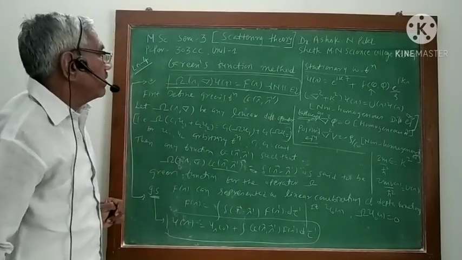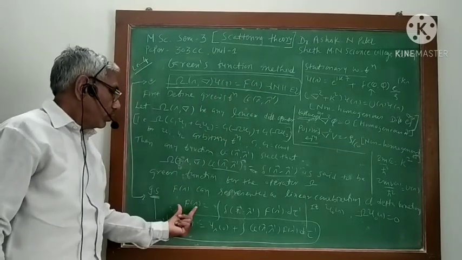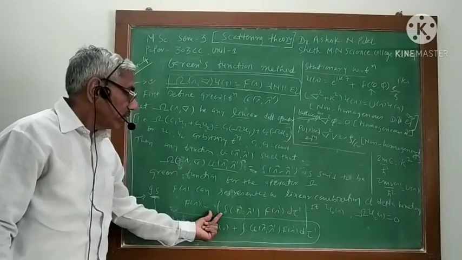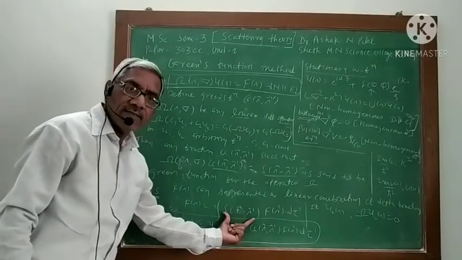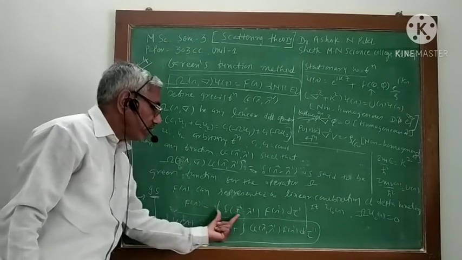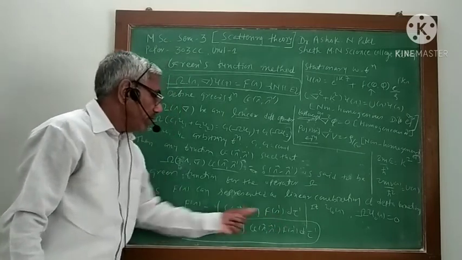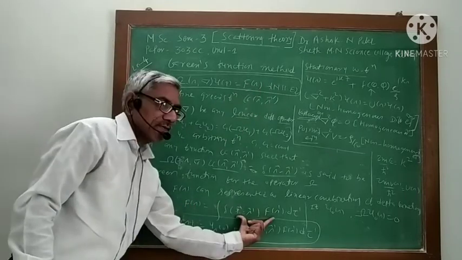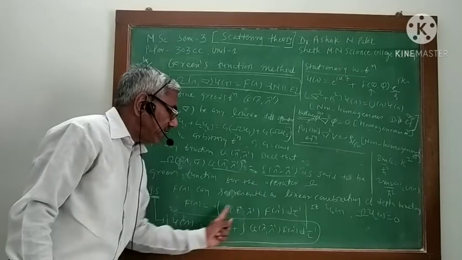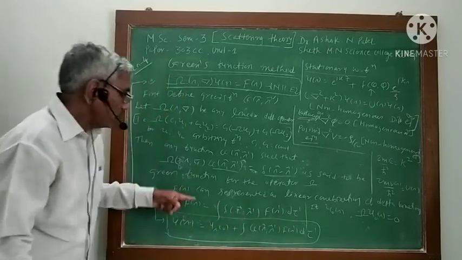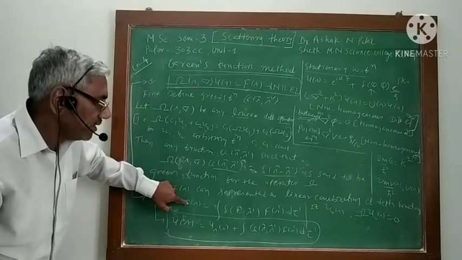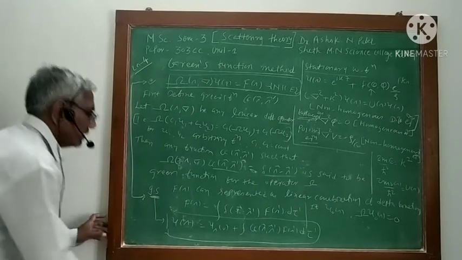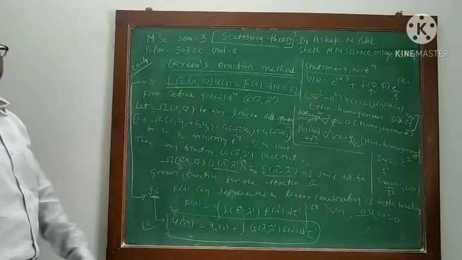At the same time, this f(r) should be represented as an integration with a delta function. So if I can expand f(r) in this way, as a linear combination of the delta function, and this u0 term is 0, in that case this is my solution.